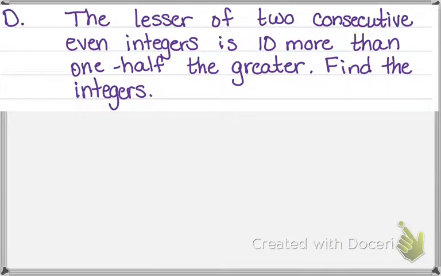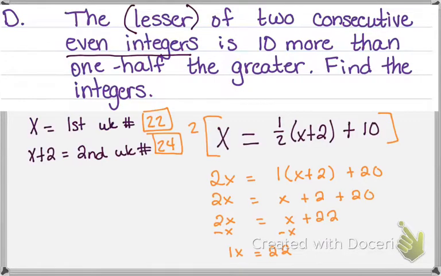All right, try this one. The lesser of 2 consecutive even integers is 10 more than 1/2 the greater. Find the integers. So pause and try. All right, so when we set it up, it says the lesser, or lesser is x, is, that means equals, 10 more. So that means x has got 10 in it.